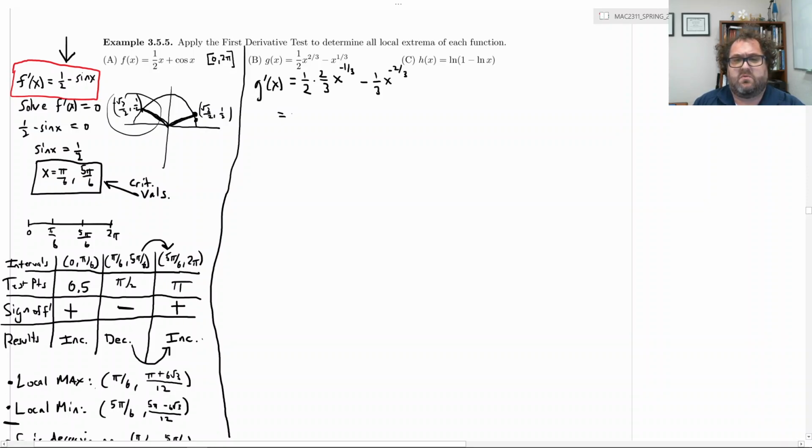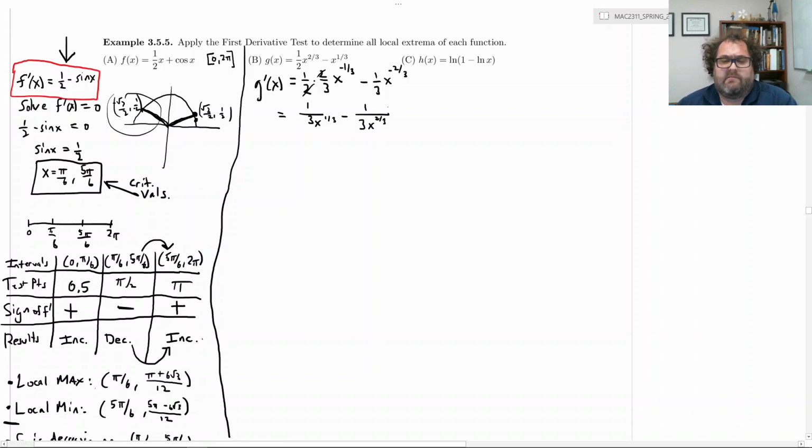So this gives us what? The twos divide out. So that gives us 1 over 3x^(1/3) minus 1 over 3x^(2/3).